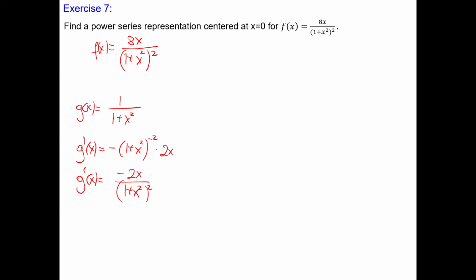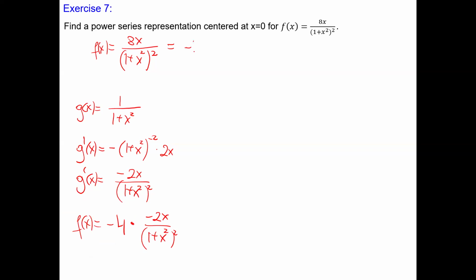Almost the same. In order to get 8x, I have to multiply by negative 4. That's function f of x, defined as negative 4 times this, correct? Yes, I need the parentheses.